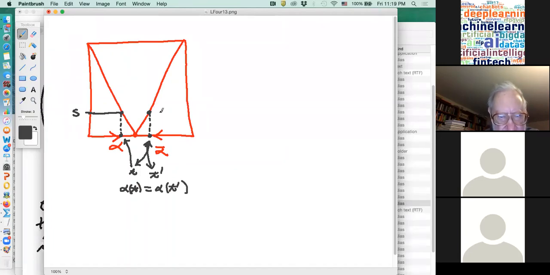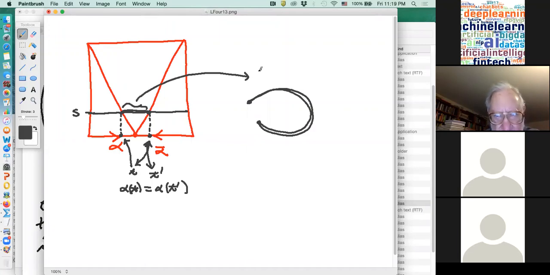So this is the same as running alpha up to a point and then running it back. Okay? And then how will I map this? This interval here, the whole interval, is going to get mapped over to alpha of t, which is equal to alpha of t prime.